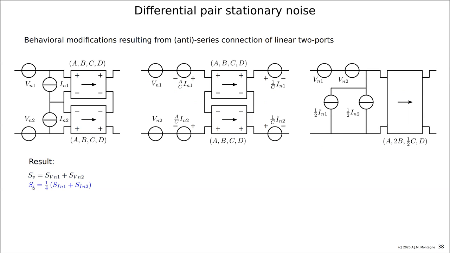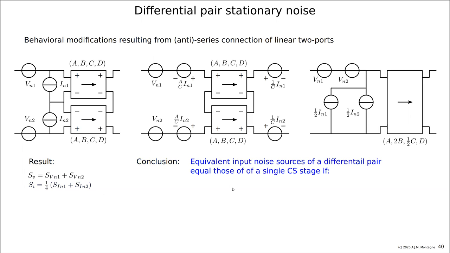And we have SI as, well, it is half the current, but the spectrum is squared. So it is 1/4 times the sum of the two spectra. So you can see if both values of the spectra are equal, you end up with double voltage spectrum and half the current spectrum.